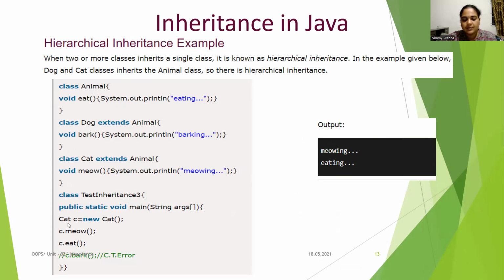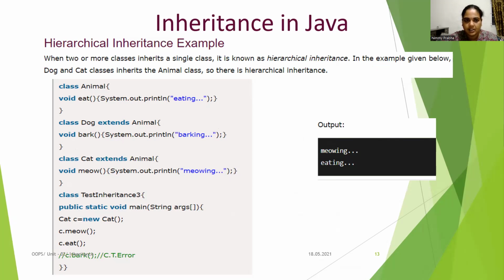And here we are creating one object for the Cat, and with that we are using c.meow and c.eat. But we can't use c.bark, because Cat is extended only from Animal. It is not extended from Dog. So c.bark will give an error.